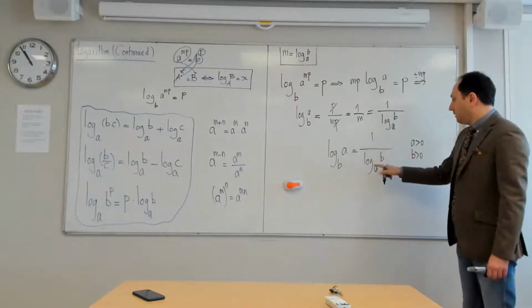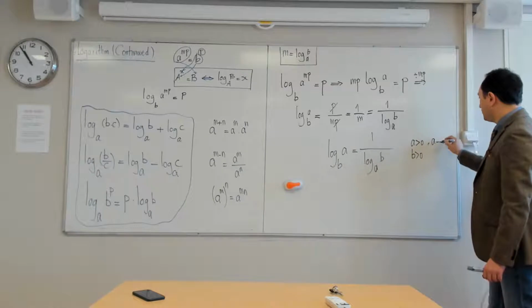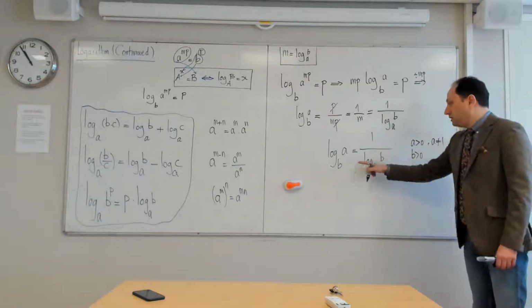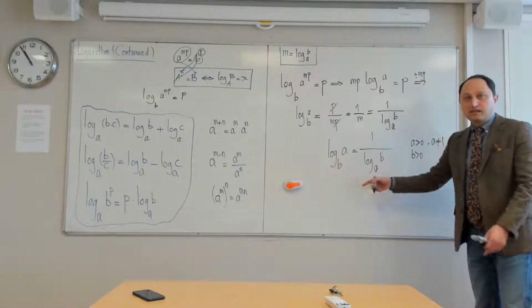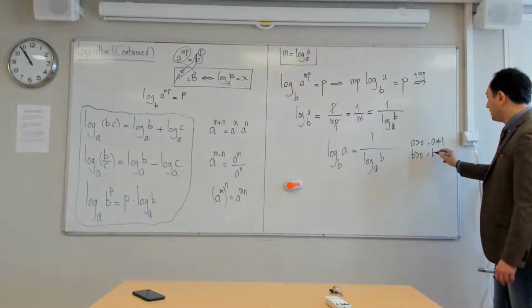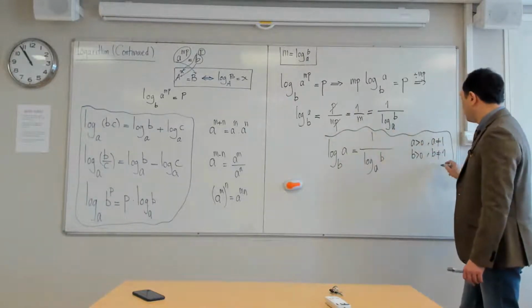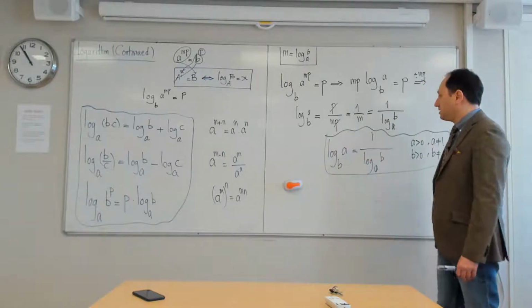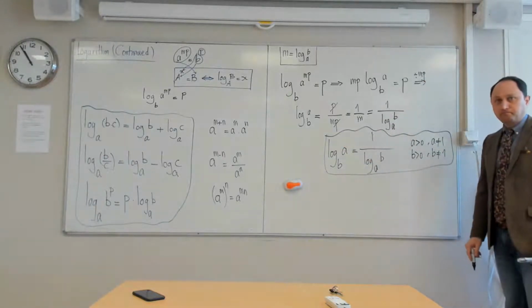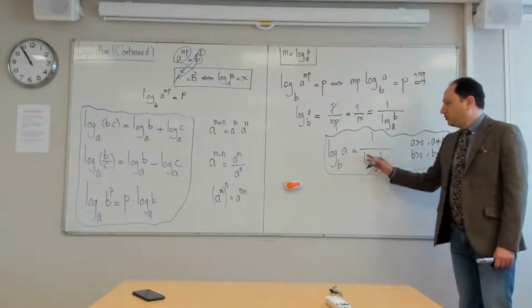But because A appears as the base, A shouldn't be equal to 1. Because B also appears as the base at some point, it shouldn't be equal to 1. So you get a very, very nice formula. I don't know for some reason why they didn't mention this formula in the book. So that's an extremely important formula.